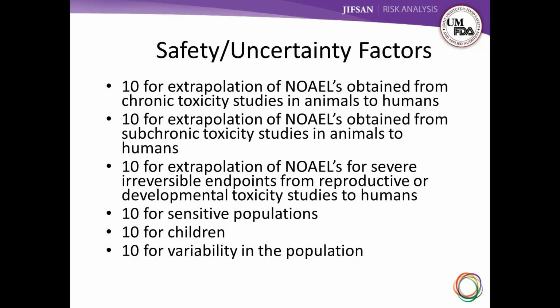And we'll use a 10 because there's variability in the population. And we'll use another 10 because this can affect children. So that's 3 tens. We would say 10 times 10 times 10. That's 10 to the third or 1,000. And we have a safety factor of 1,000.